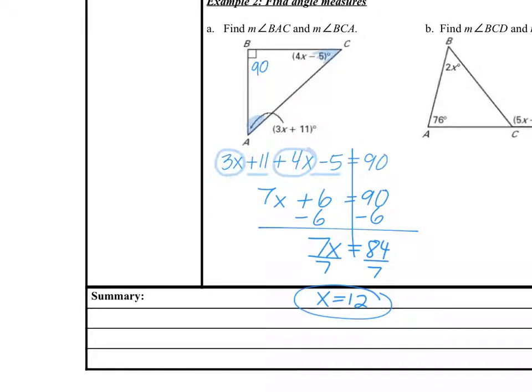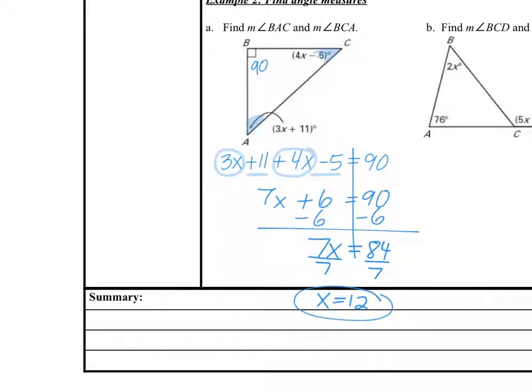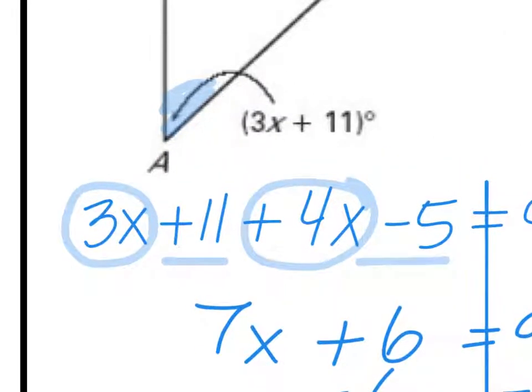So find BAC and BCA. Doesn't matter which one you choose to plug into. I'm going to do 3x plus 11. So take your 12 degrees, and we're going to replace it where x is. So 3 times 12 plus 11. 3 times 12 is 36.